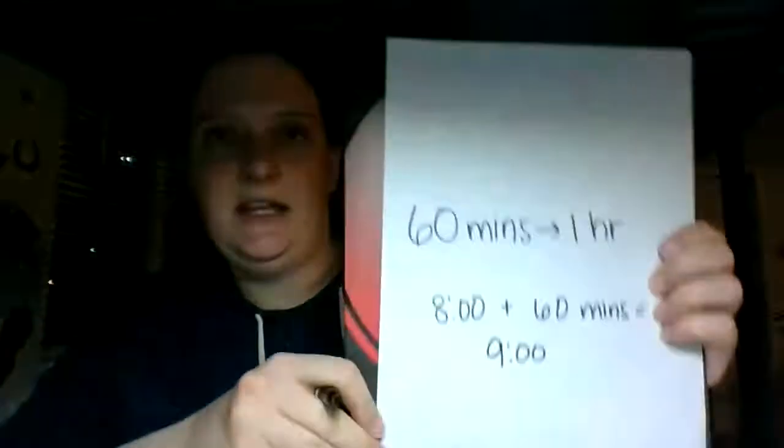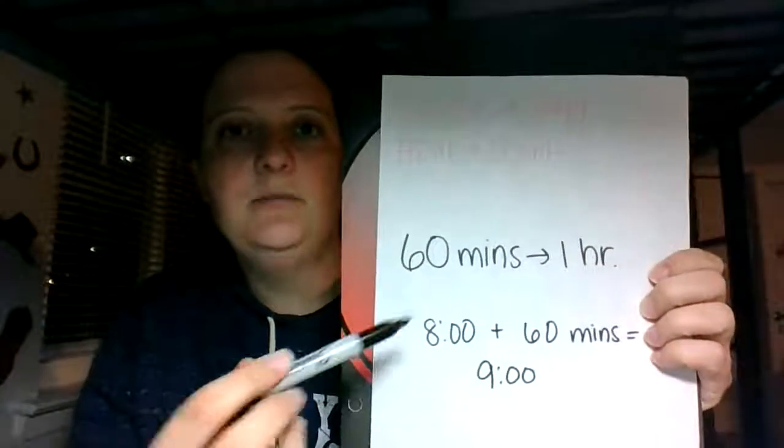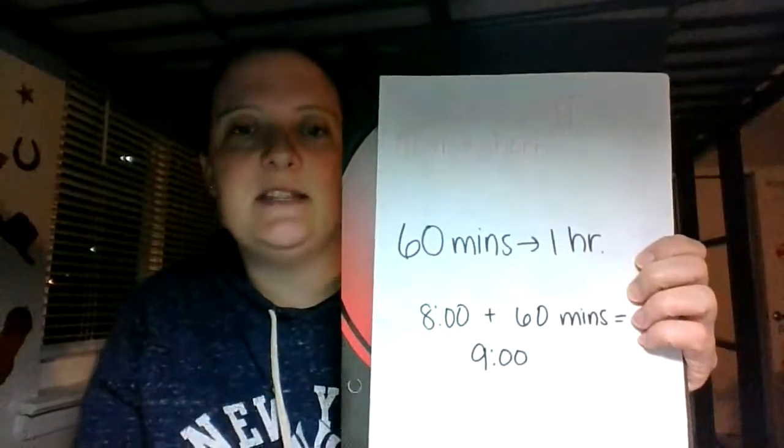Okay, so if we know that 60 minutes are in 1 hour, then we know that 8 o'clock plus 60 minutes would give us 9 o'clock, okay? Does everybody see? So 8 o'clock plus 60 more minutes gives us 9 o'clock.